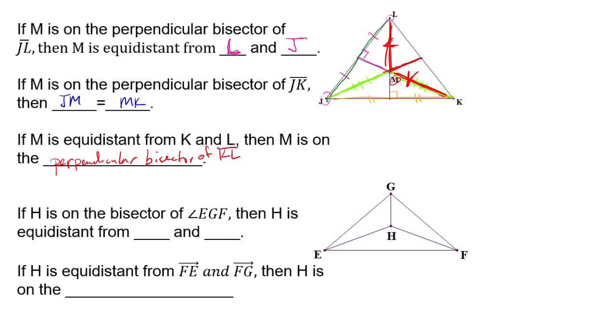All right, next one. If H is on the bisector of angle EFG, then H is equidistant from, so H is on the bisector of EFG, okay? So it means that these two are congruent. So that must mean that H is equidistant from EF and FG, right?